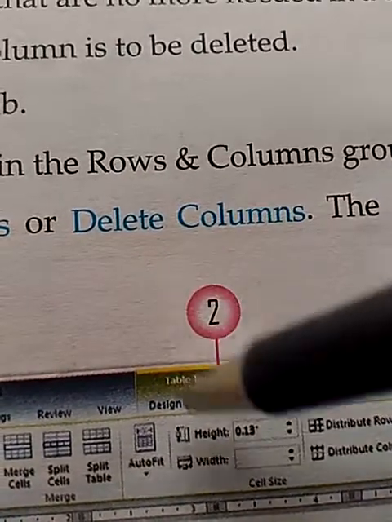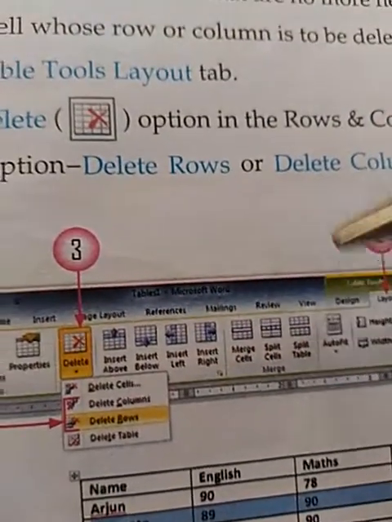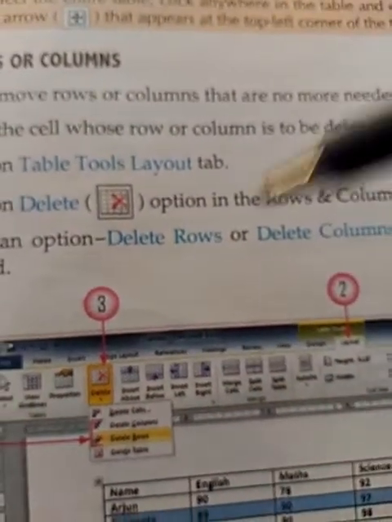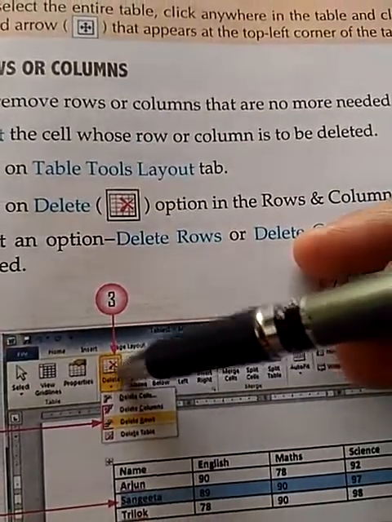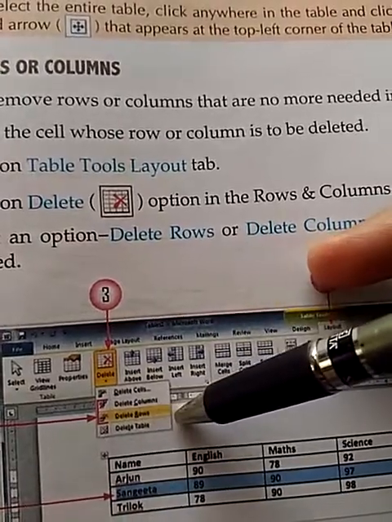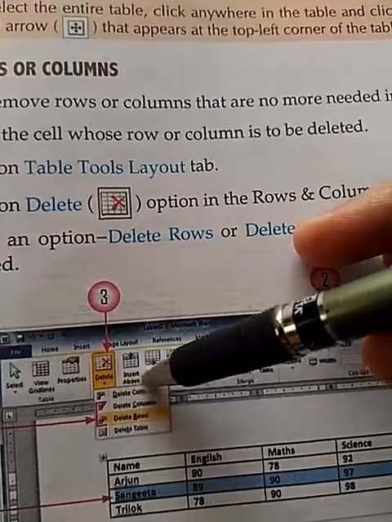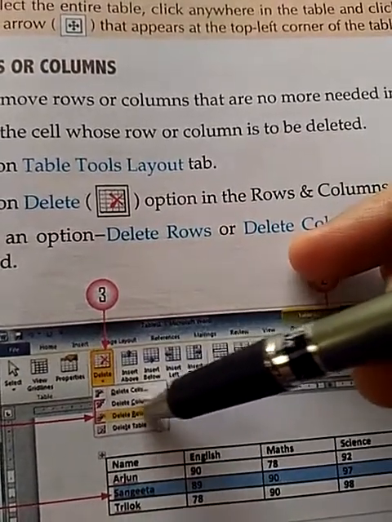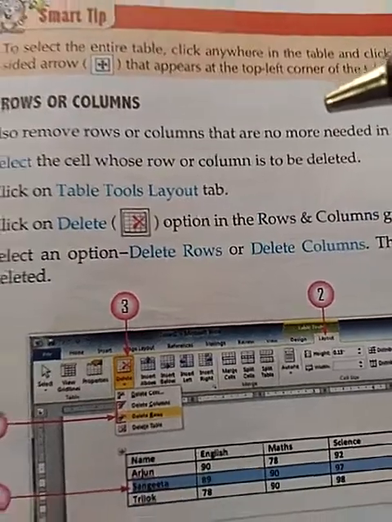In this layout tab, you will find this delete option, in which there are delete cell, delete column, delete row, delete table. These options are present. If we want to delete a row, then click on the option delete row. The entire row will be deleted.